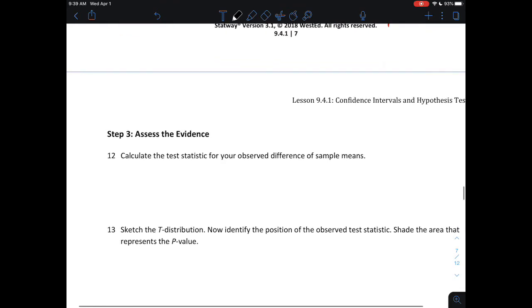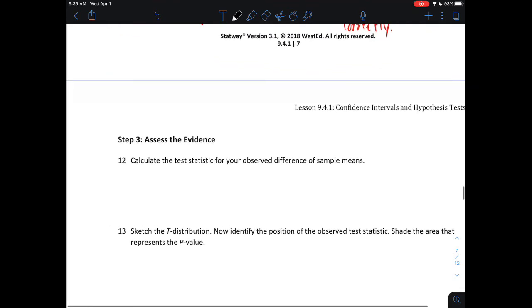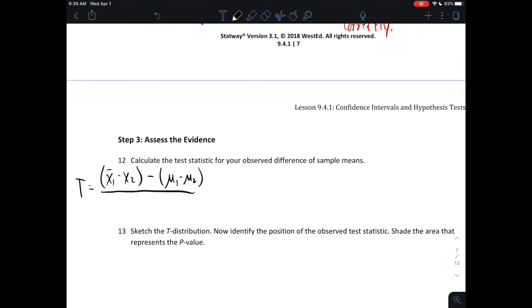Step 3, assess the evidence. Number 12, calculate the test statistic for your observed difference of sample means. So again, we saw that the test statistic would be this very complicated fraction, parentheses x bar 1 minus x bar 2 minus mu 1 minus mu 2 in the numerator divided by the square root of s1 squared divided by n1 plus s2 squared divided by n2. We can put some things in from what we've already calculated.